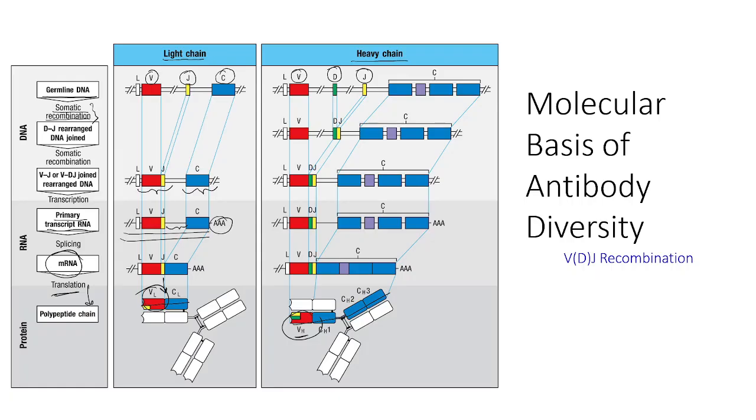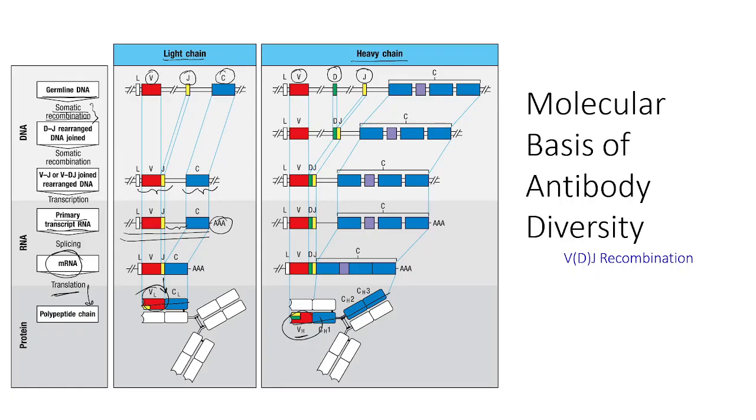Light chain recombination is simpler and involves two types of segments, the variable and the joining segments, that's V and J. A specific V segment is randomly joined to a J segment, leading to VJ joining. The intervening DNA is deleted, and this rearranged DNA is then transcribed into RNA, spliced to include the C region, that's the constant region, and translated into a light chain protein.